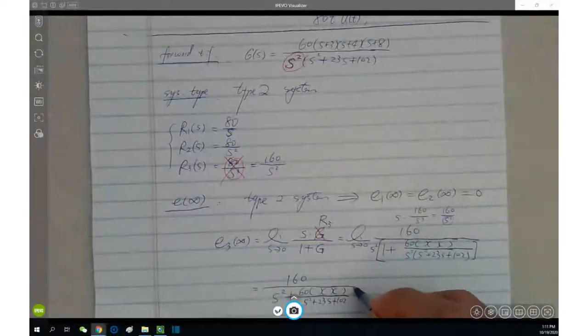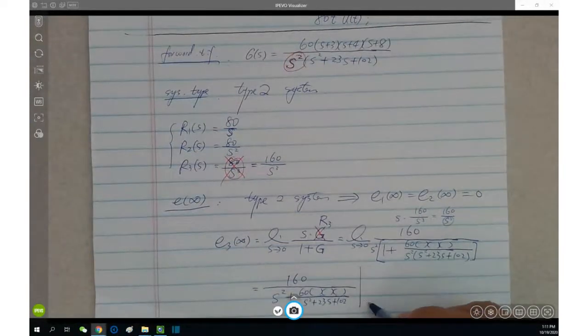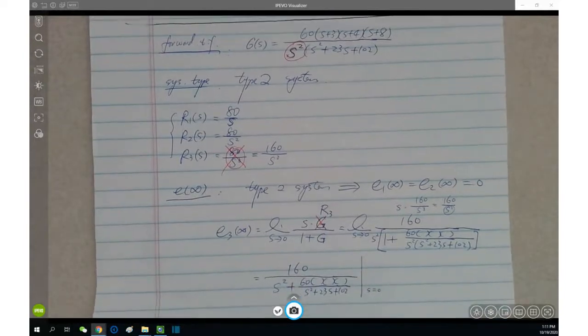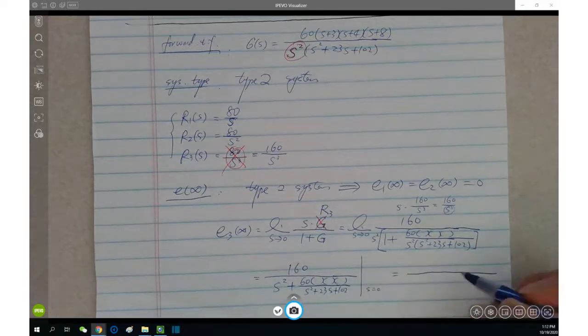Right? And of course, s equals 0. And further, it equals 160 over 0 plus 60 times 3, 4, 8. And denominator is 0 plus 0 plus 102, right?